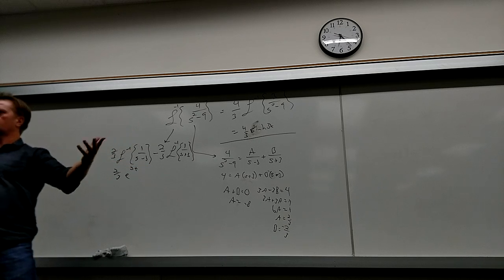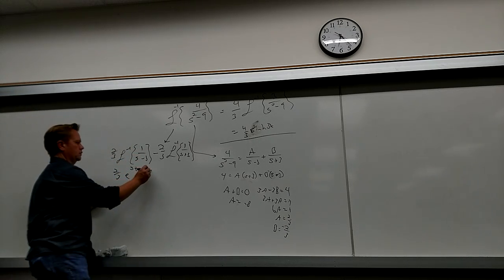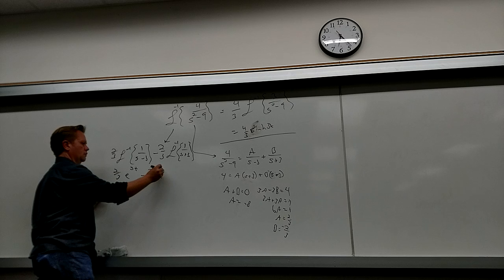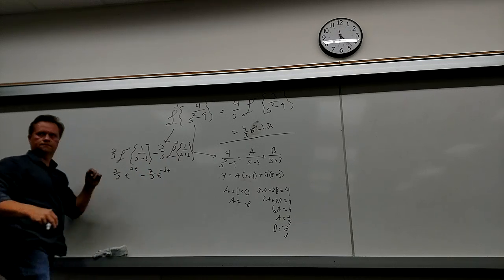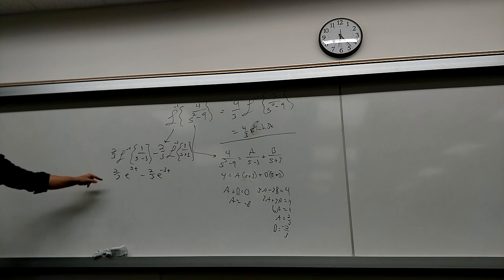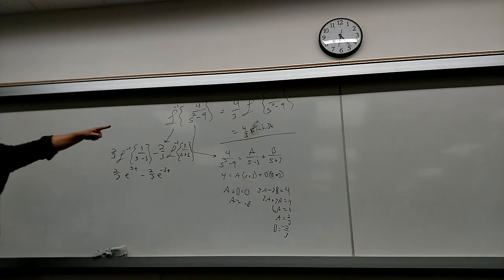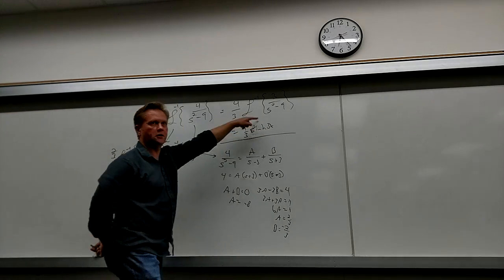I mean, they match up. Minus 2/3 e to the negative 3t. If you play around with this in the definition of cosh and sinh, you actually get the same thing, believe it or not. It's probably a little easier to throw the definition in here and show that it's this.